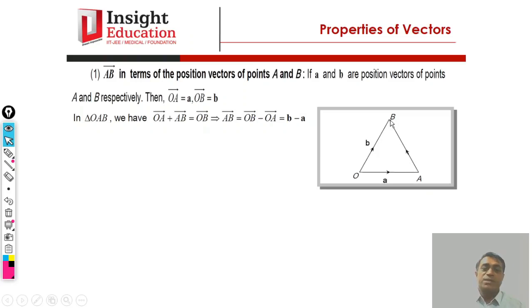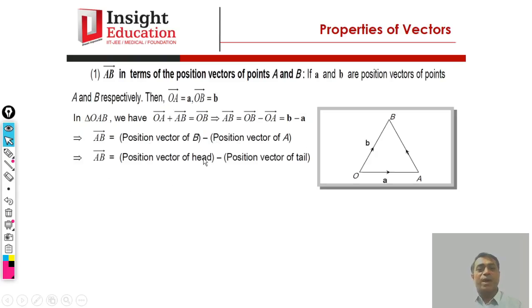Final position, so that is initial point and terminal point. So terminal point minus initial point, or B minus A. So position vector of B minus position vector of A. Position vector of head minus position vector of tail. So AB, B minus A, simple.